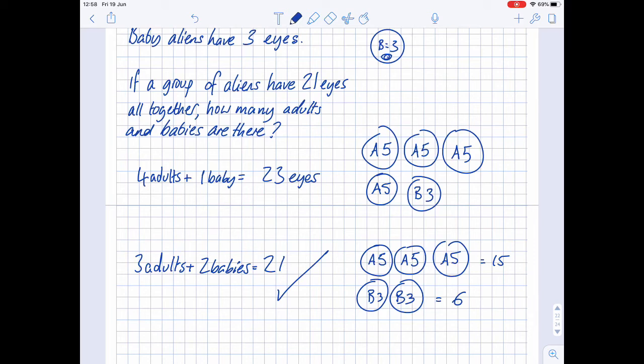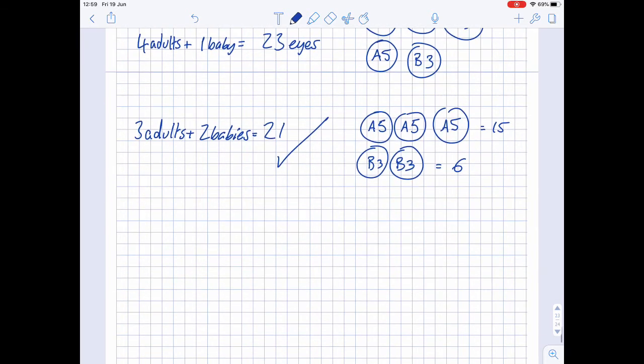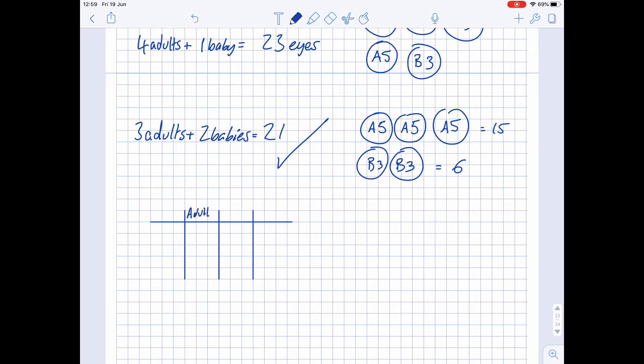Now, again, you could have done it in table form. If I go down here a little bit, you could have done something along these lines. Those of you who like working systematically, who doesn't? You could do something like adults, babies, and the total.